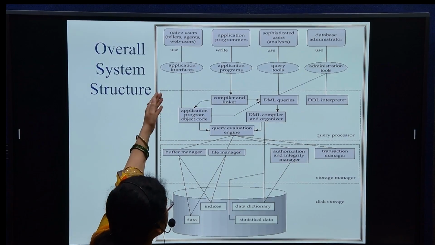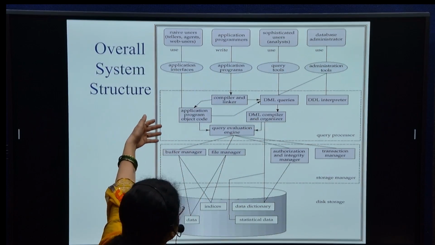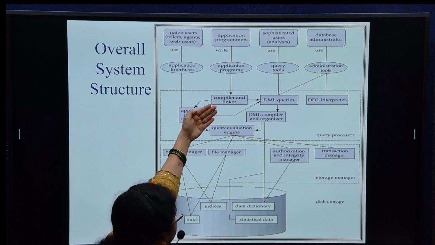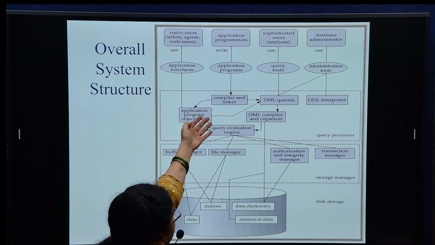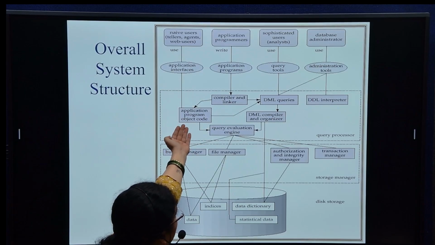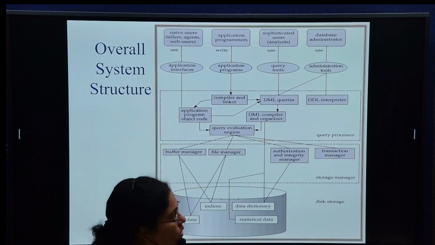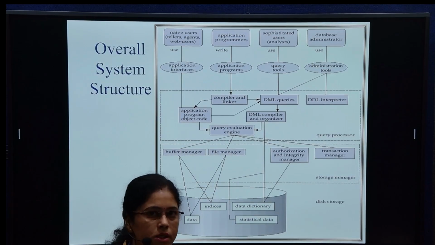Next, we have a dotted line box here, which is a query processor. The application programmer will write a program and move to the compiler, and the application program object code will be made there, and the query evaluation engine will help to execute the query.